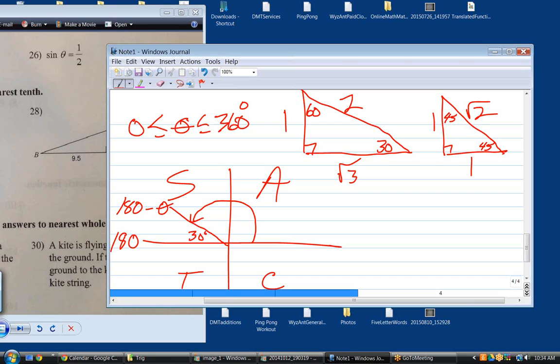Right. So what's supplementary to 30? Would it be 120? 150. Supplementary is they have to add to 180. Oh, okay. So 150 and 60. Excuse me. The first answer was 30, right? Yeah. 30 and 150 are correct. Okay.